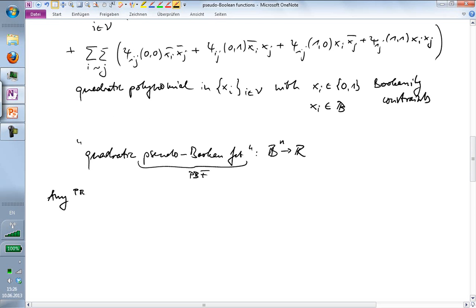Any pseudo Boolean function can be characterized in 3 ways.